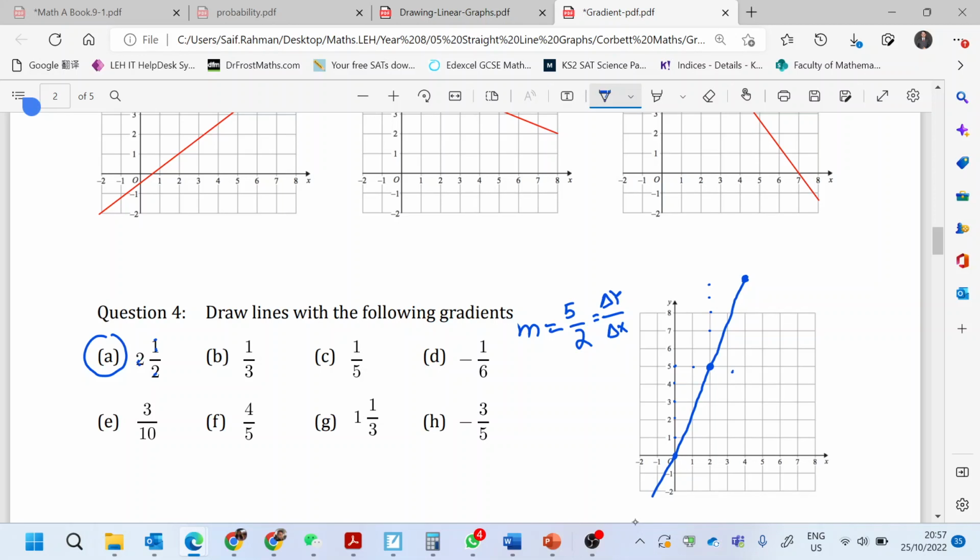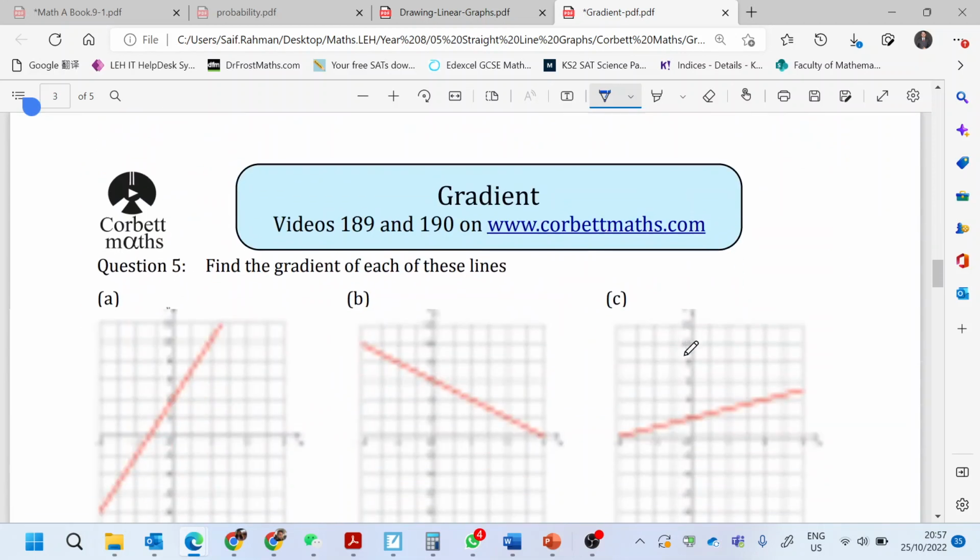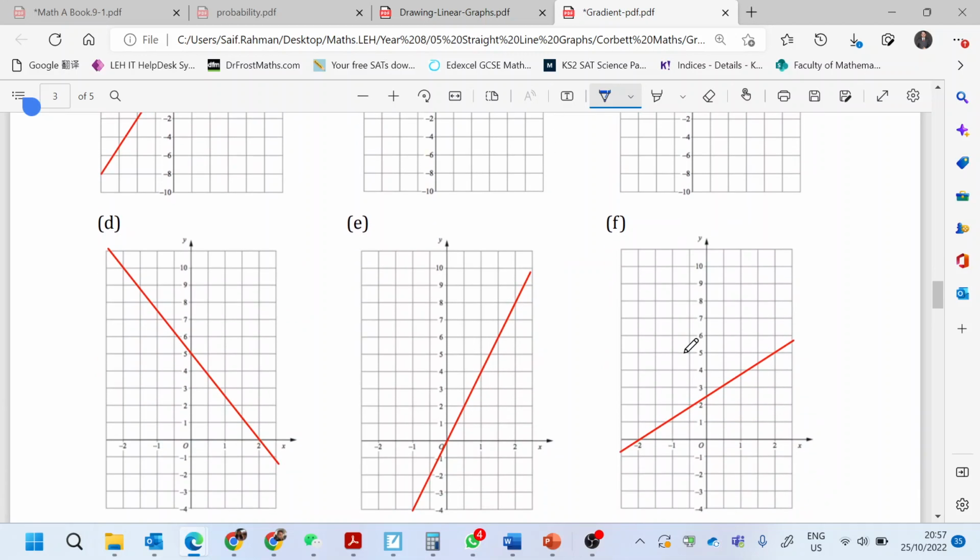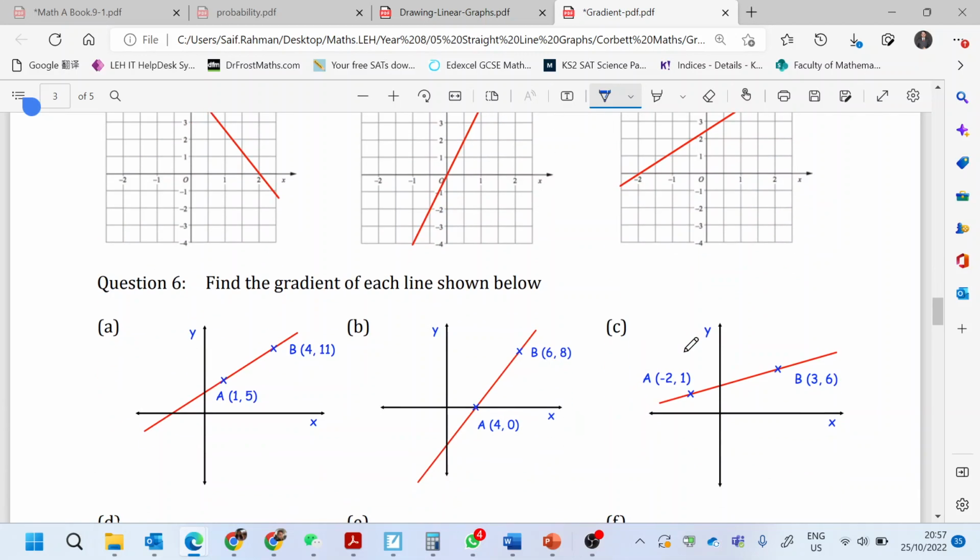So this is a line in which the gradient is 2 whole 1 by 2 or 5 by 2. So this is how you draw or sketch a line from a given gradient. These are all similar questions.